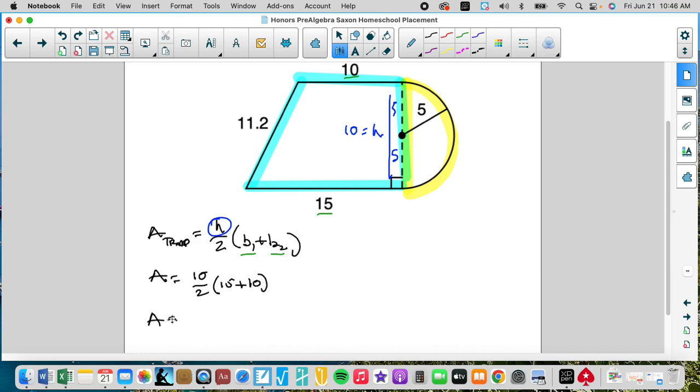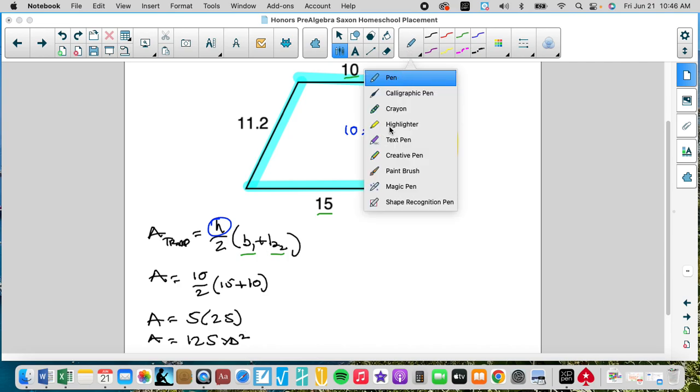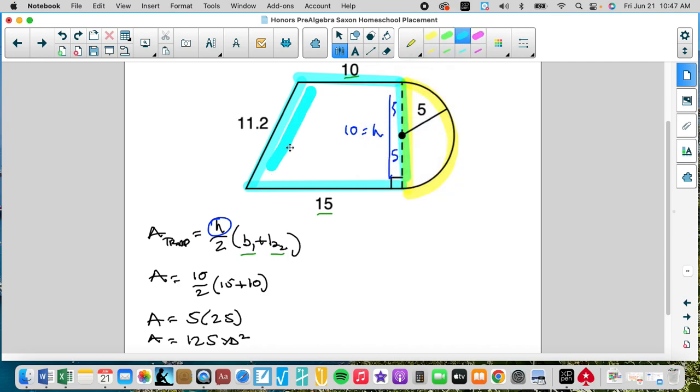We get 5 times 25, and we get area equals 125 yards squared. That's going to be the area of this region, the trapezoid. So that is this space here.